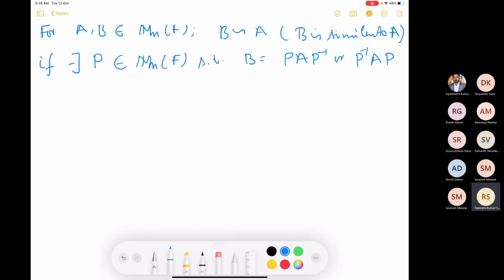That is just you can replace P by P inverse.